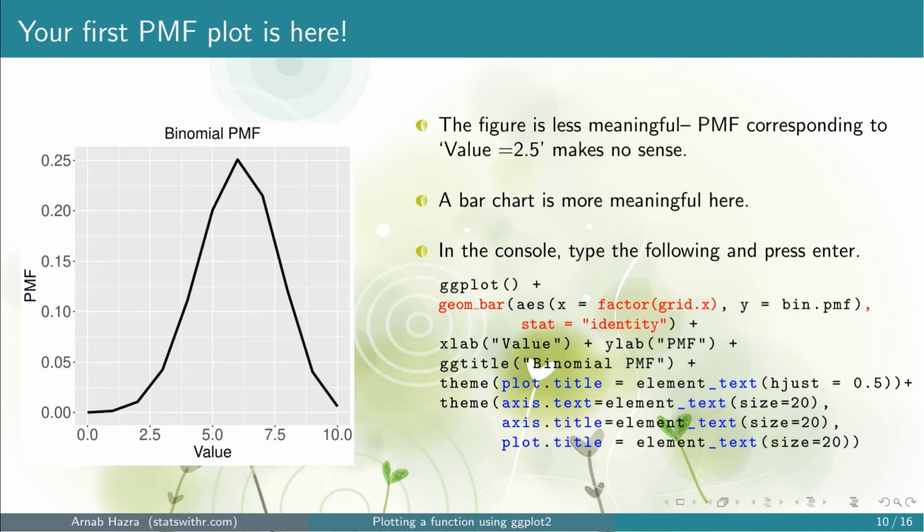Although theoretically it is just 0. Another thing is adding stat = "identity" within quotes inside geom_bar but outside aesthetics. This tells the function geom_bar that we have only one value of bin.pmf corresponding to each value in grid.x. Now press enter.